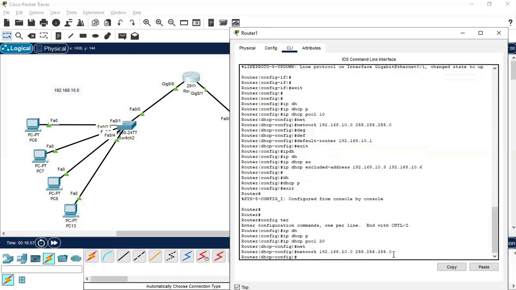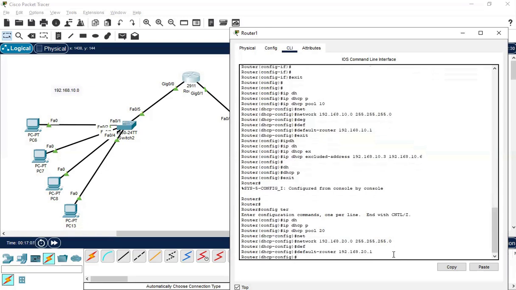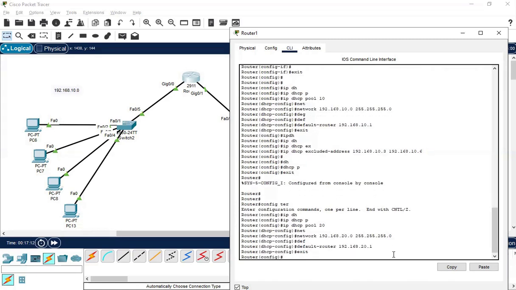This will be your network. After this, default router 192.168.20.1. On this side, we don't need to do the exclusion. On the other side, we assigned an excluded address range; on this side, we did not. That's it.